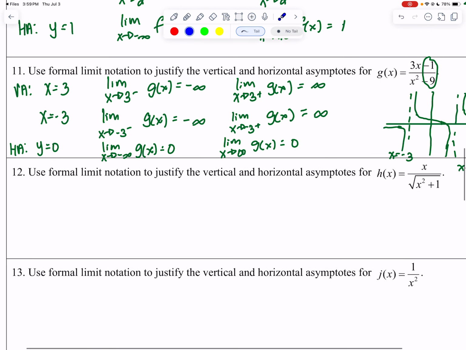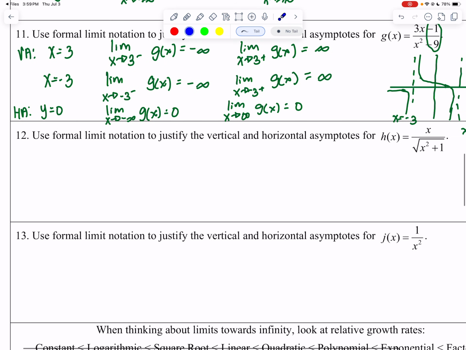All right, looking at number 12 now, what we're going to do is look at my horizontal asymptotes. You'll probably notice that I do not have vertical asymptotes because if I set this equal to 0, this will never be 0 right here. So there's no vertical asymptotes. Now, if I were to look at my horizontal asymptotes, though, this is where it's going to be very important for us to actually evaluate negative infinity and positive infinity here.